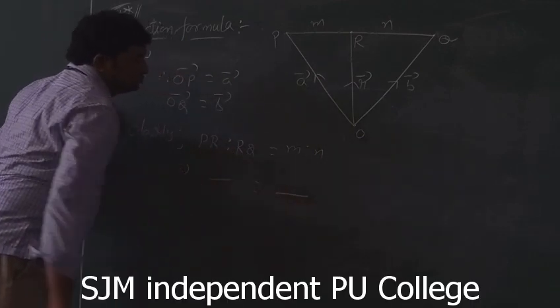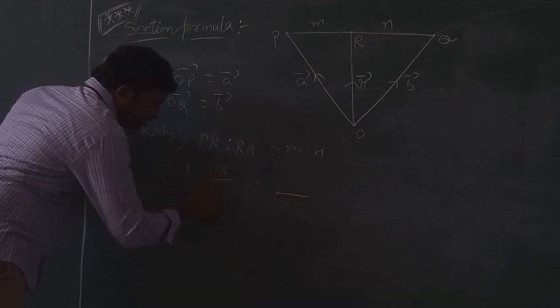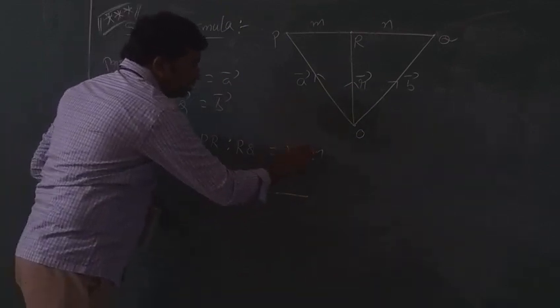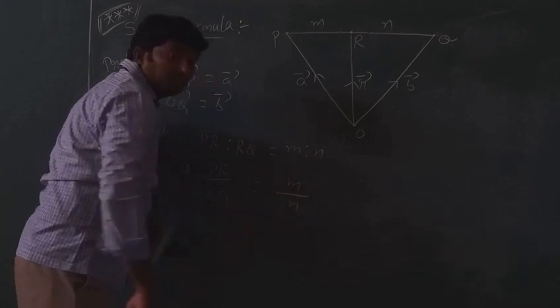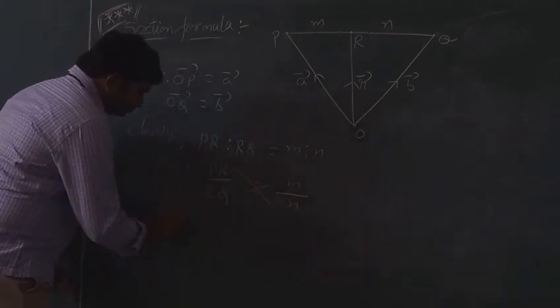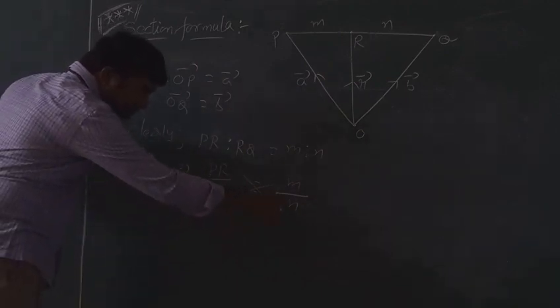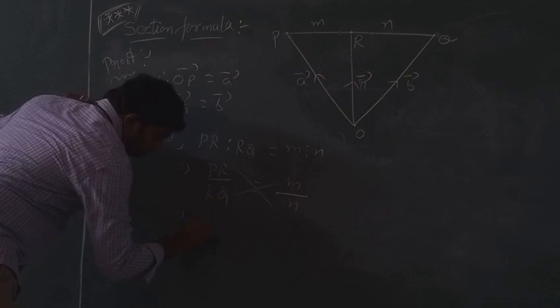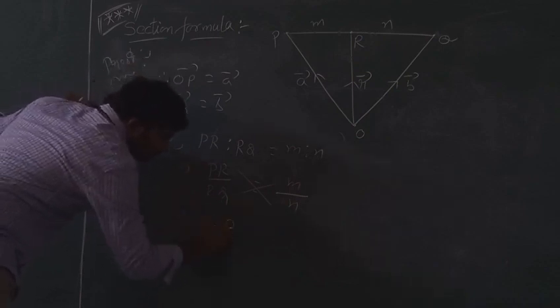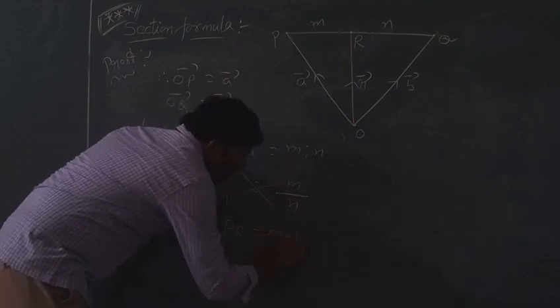Comparison. That means PR by RQ is equal to M is to N. Next, by cross multiplication, we get N into PR is equal to M into RQ.